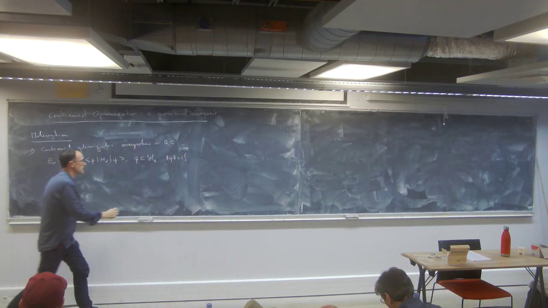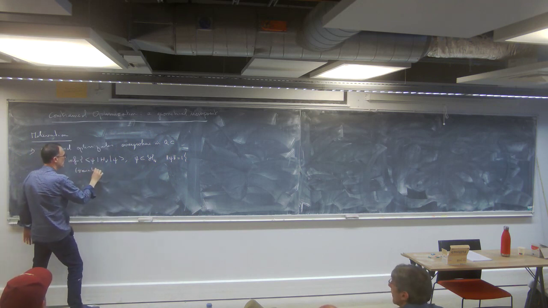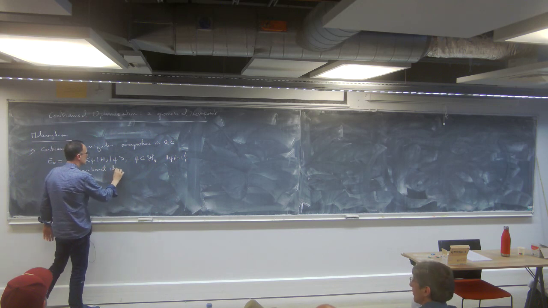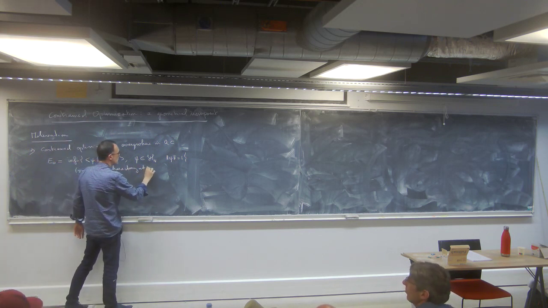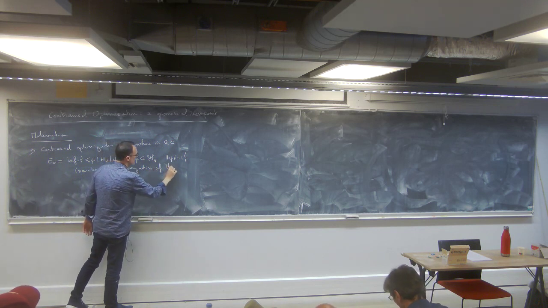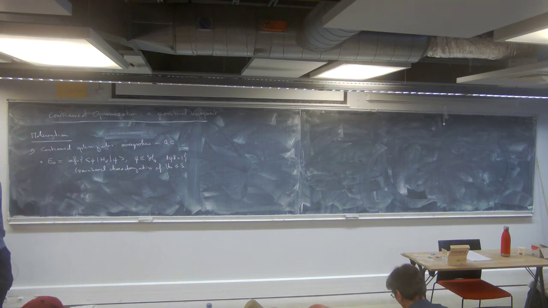So that's the variational characterization of the ground state. That's the first example.